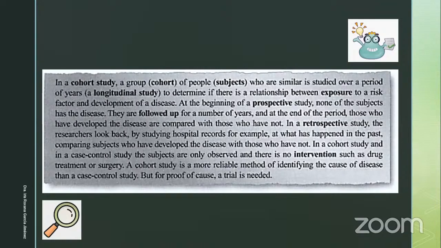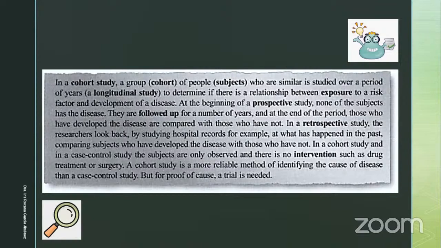Okay. In a retrospective study, the researchers look back by studying hospital records, for example, at what has happened in the past, comparing subjects who have developed the disease with those who have not.